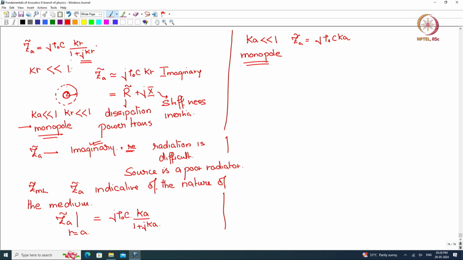And the monopole says that at my surface, what is it saying? At the surface of the monopole, the medium looks like an imaginary impedance.